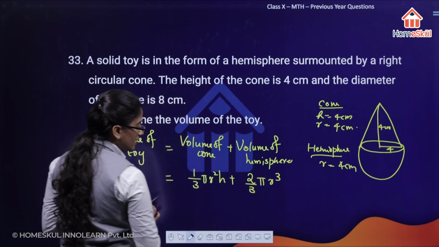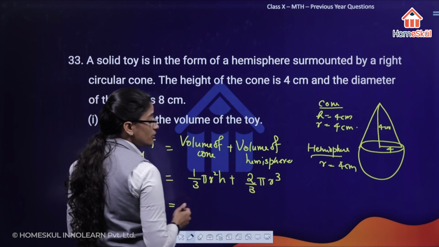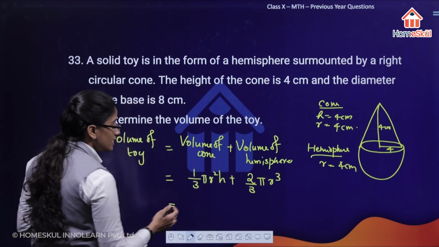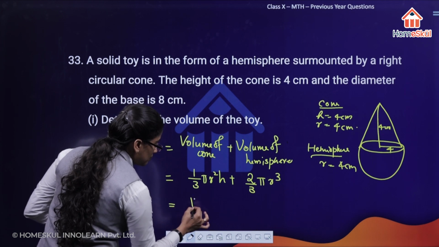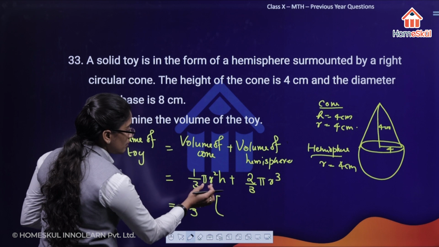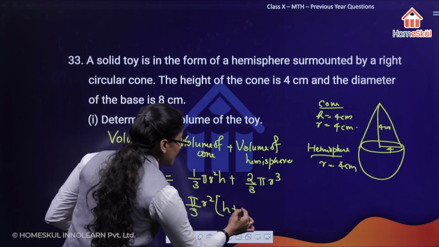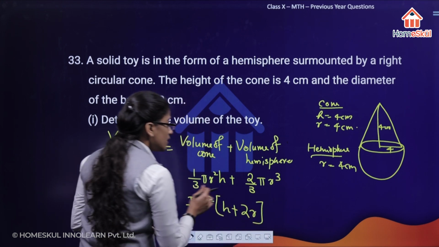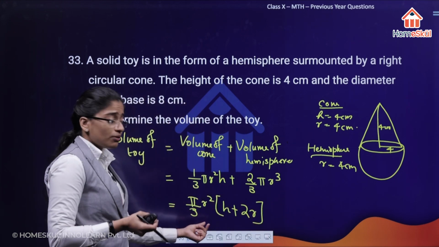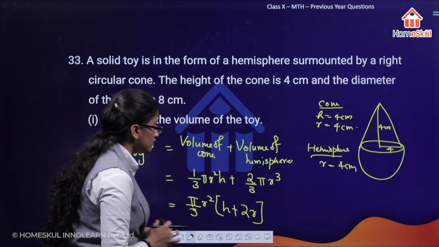We could take 1 by 3 pi outside. Since the radius remains the same, we could also take r square outside, so pi by 3 r square common outside, and the remaining will be h plus 2r. Here we are able to take r common because the radius remains the same.